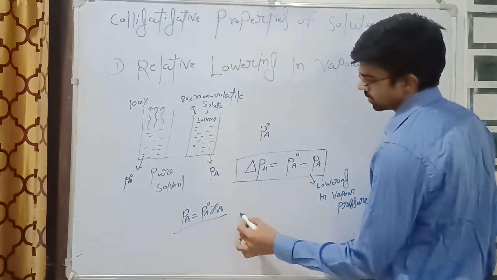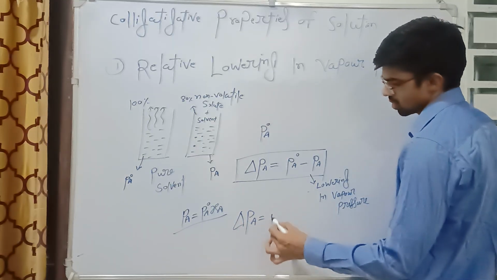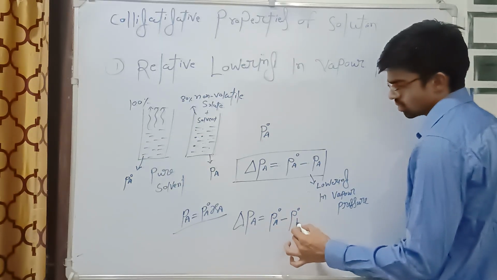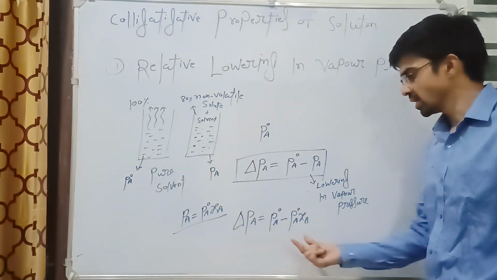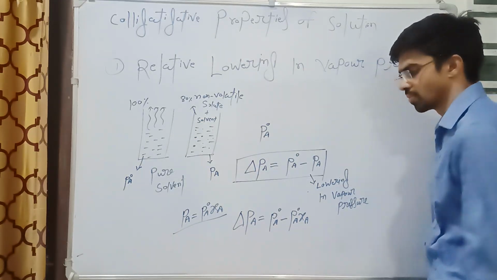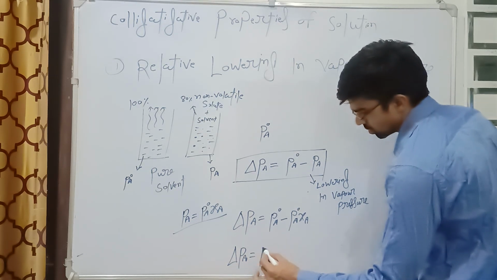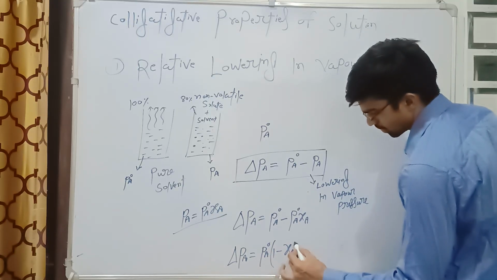So we will get del PA is equal to P naught A minus P naught A XA. Now you can take the common. So del PA will become equal to P naught A in bracket 1 minus XA.